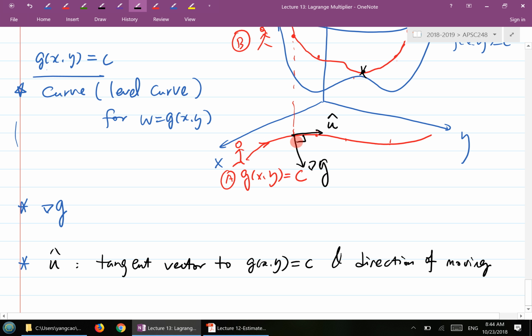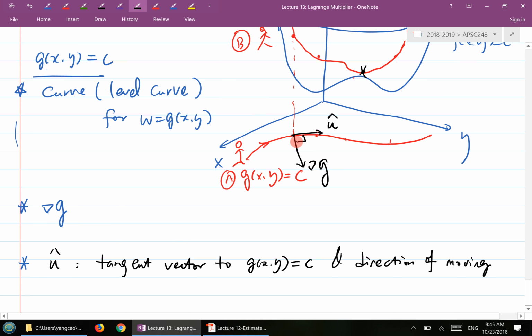So del g is perpendicular to the level curve, or del g is perpendicular to the tangent line or vector at that point. Right? That's one of the properties we introduced.